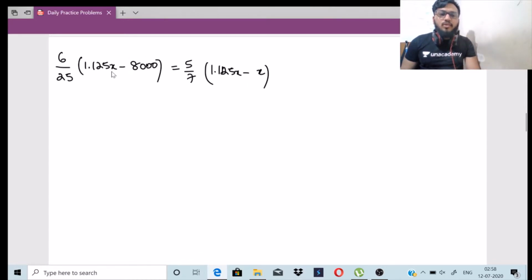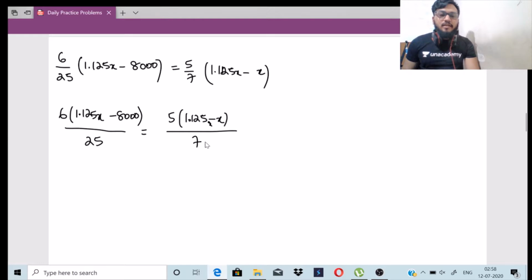6 by 25 into 1.125x minus 8000 is equal to 5 by 7 into 1.125x minus x, right? So here it will be basically 6 into 1.125x minus 8000 divided by 25 is equal to 5 into 1.125x minus x, divided by 7.